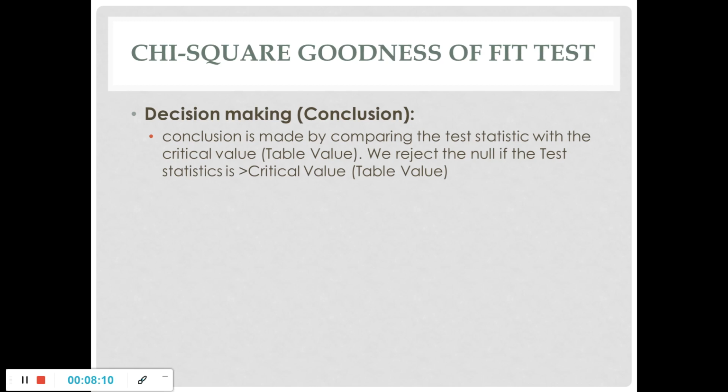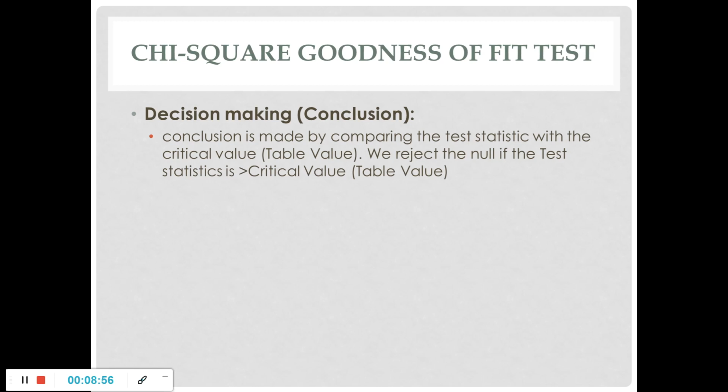You go to the chi-square distribution table. You know it is a right skewed distribution, so you have only positive numbers. If you go by a particular degrees of freedom and level of significance, you will get a critical value from the chi-square table, and you can compare it with the test statistic. That is one way you can make a decision about whether to reject or accept the null hypothesis.